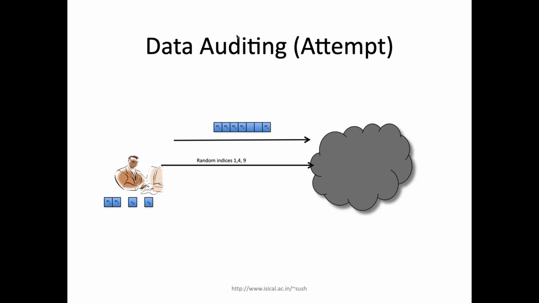What he does is randomly choose certain indices and ask the server: have you kept my data blocks M1, M4, and M9 correctly? By looking at these blocks and comparing with what he has, he can quickly guarantee whether the service provider has maintained the data correctly or in an incorrect fashion.